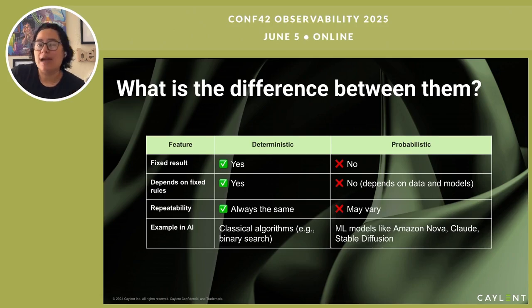So what kind of examples can I have in here? Well, I have all the ML models like Amazon Nova, Claude, ChatGPT. Every model is different. Every model processes the information differently and collects different kinds of data. So that's why their outputs change.